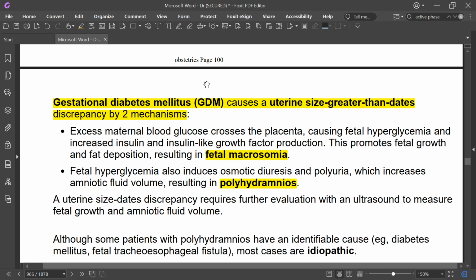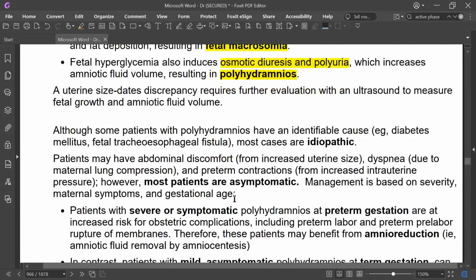These promote fetal growth and fat deposition, resulting in macrosomia. And how does polyhydramnios happen? Fetal hyperglycemia also induces osmotic diuresis and polyuria, which increases amniotic fluid volume, resulting in polyhydramnios.